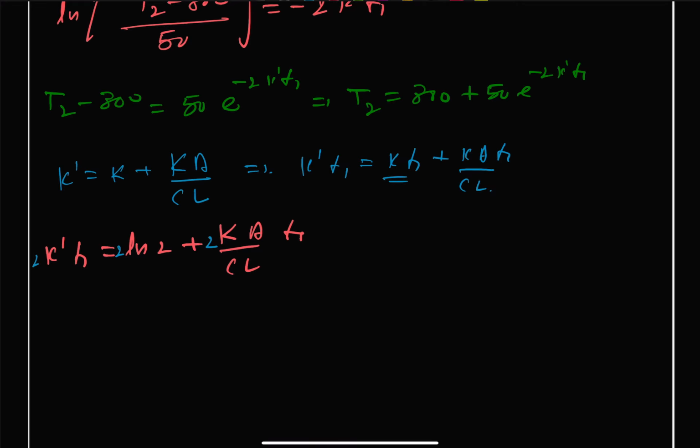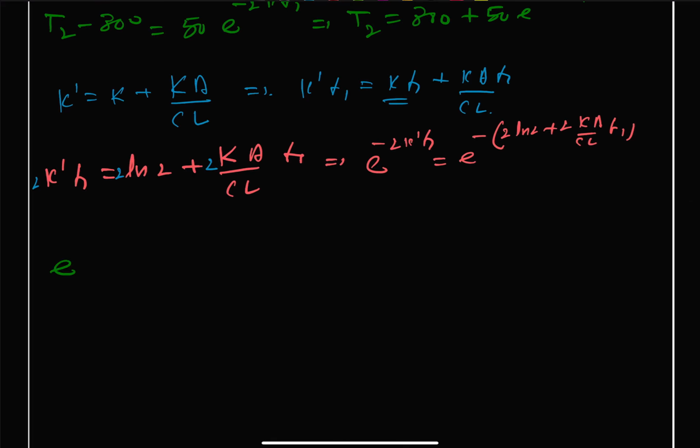Therefore we can write this in the form of exponential. We get exponential minus 2 K prime T1 is equal to exponential minus 2 natural log of 2 plus 2 Ka upon Cl times T1. And we can solve our right side.